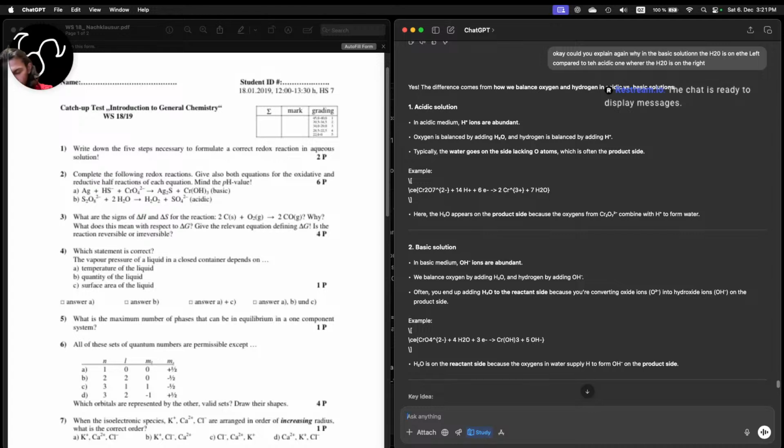So 2HS, 2Ag2, 4Ag plus 2H2O plus 2OH minus. No, that's not it.